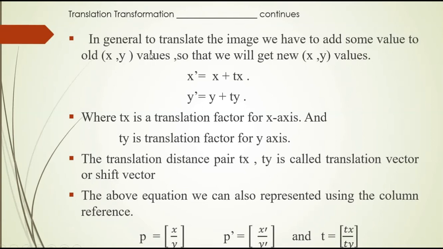In general, to translate the image, we add some value to the old x y values so that we get new x y values.